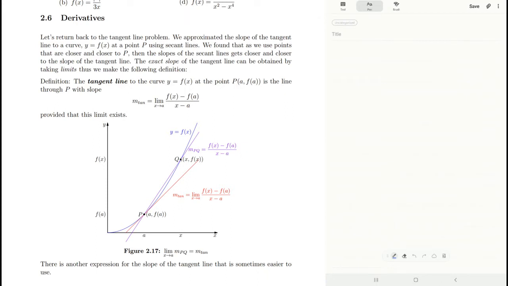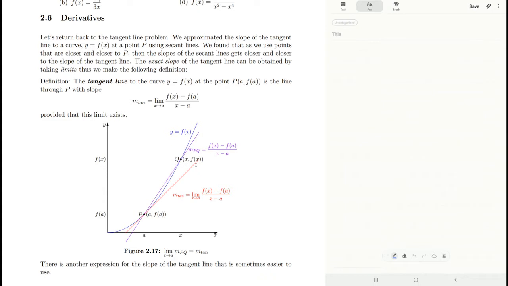Then if we calculate the slope of the line that passes through these 2 points, we end up with this formula. So if we calculate the rise over the run, we get f of x minus f of a over x minus a. So this is the slope of the secant line that goes through the points P and Q.